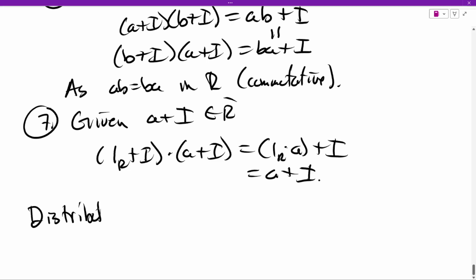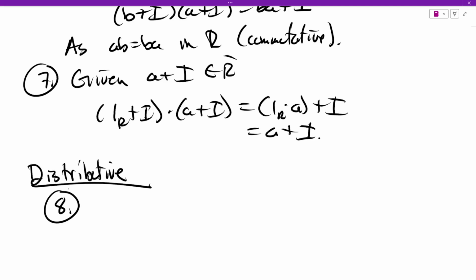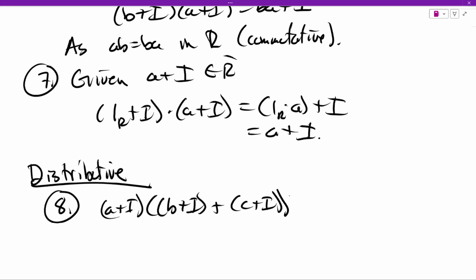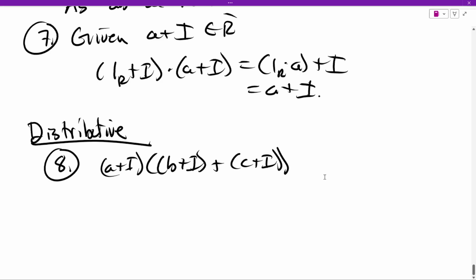And then we do a distributive property. I'm only going to do one of them because in a commutative ring, you just have to do one of them. So let's look at the left distributive property, and I'm going to stop qualifying where these elements are. These are in R bar. So we have to compute A plus I times B plus I plus C plus I, and compare that to A plus I times B plus I plus A plus I times C plus I. When we do the addition inside first, we get that.